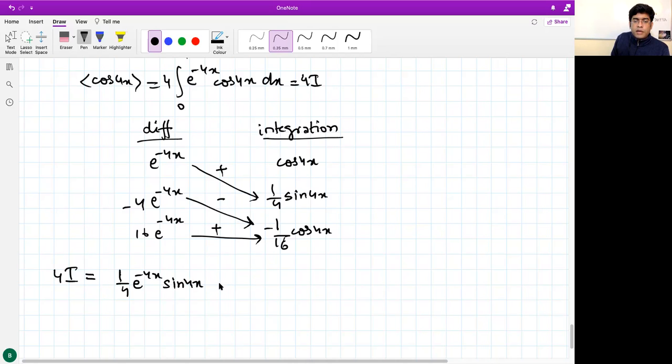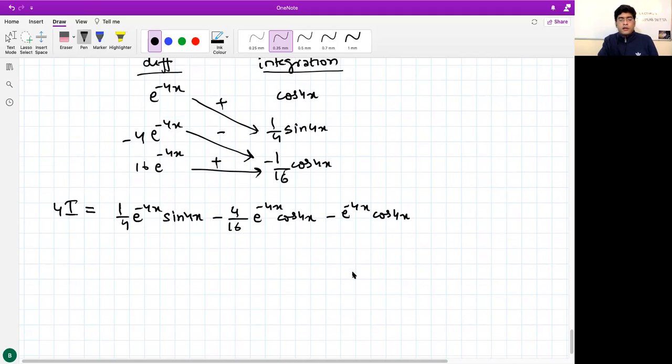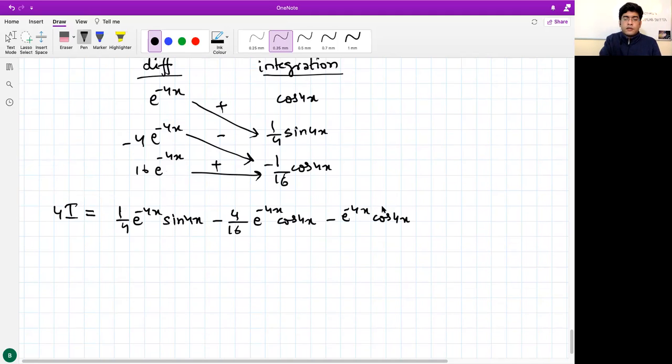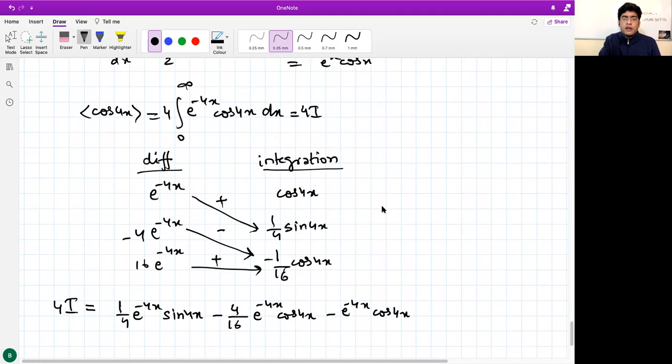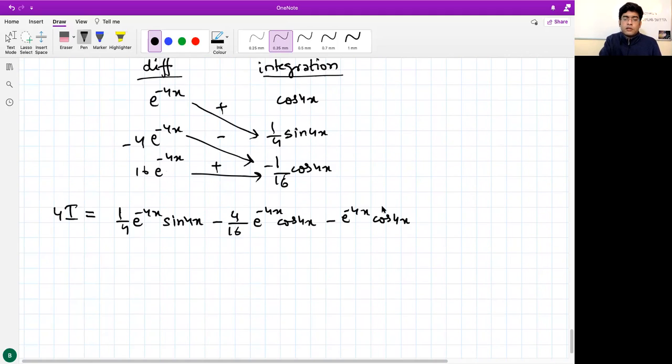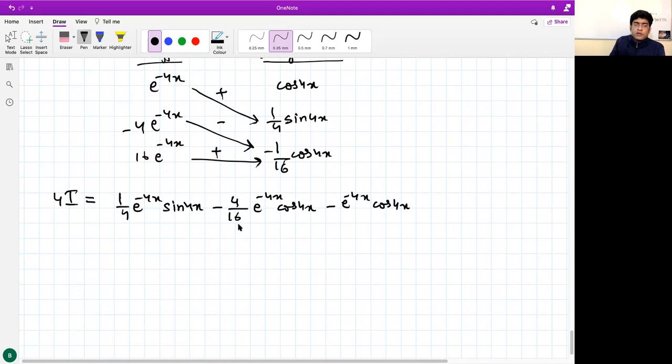All right, minus 4 by 16 e to the power minus 4x cos 4x, all right, minus e to the power minus 4x cos 4x. Now this is a definite integral, so I'm not writing down the constant, because we have to put the limits also. The last term will come with an integration sign.